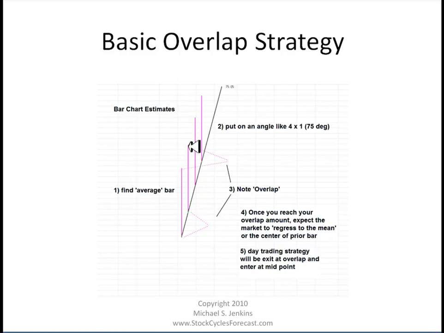But if you find out they open up here and every single stock is up $1 to $2, it's probably going to be a blowaway, and you have to cover that short immediately and get long it, because it's going to be no overlap whatsoever. The same size bar is going to be here, but it's going to be straight up. So these are the overlaps.